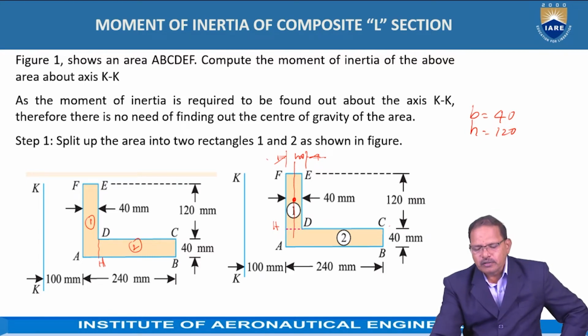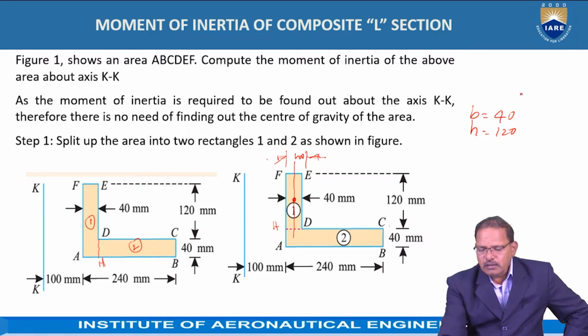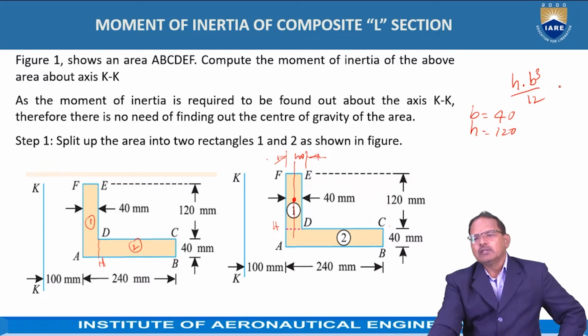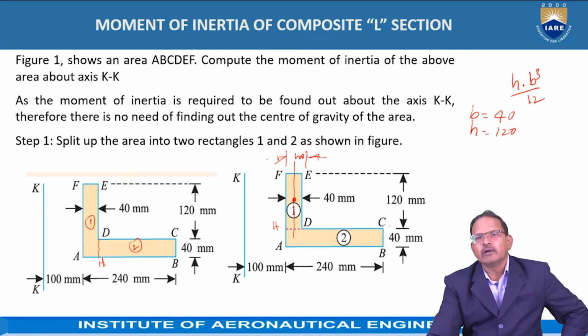h into b cube divided by 12. That is, the power 3 is given to the dimension that is divided by the centroidal axis; we just have to remember that.